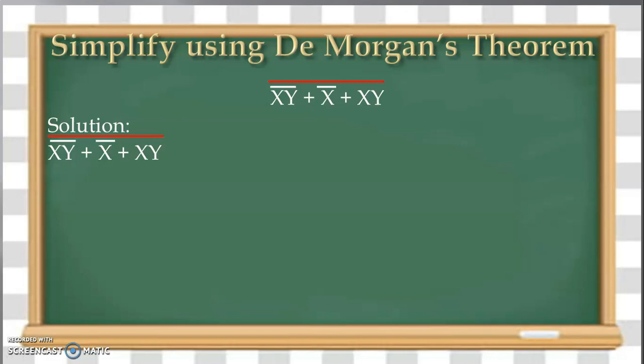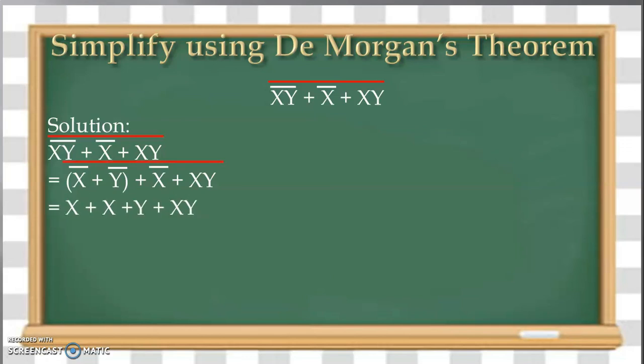And if we want to change into sum of complements, we change our first pair to sum of complements. So instead of xy bar, now we have written x bar plus y bar. So xy bar is changed to x bar plus y bar. Remaining terms we have written as it is, and whole bar we have kept as it is.